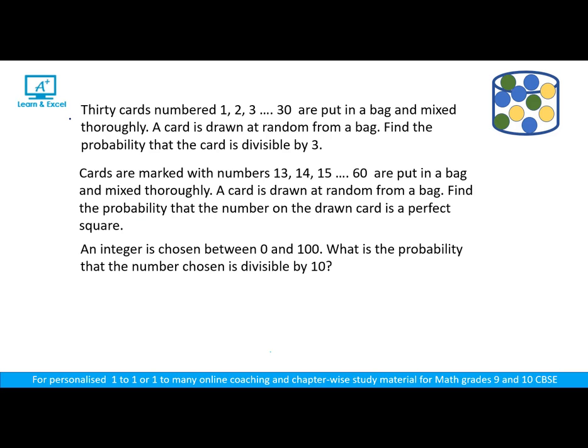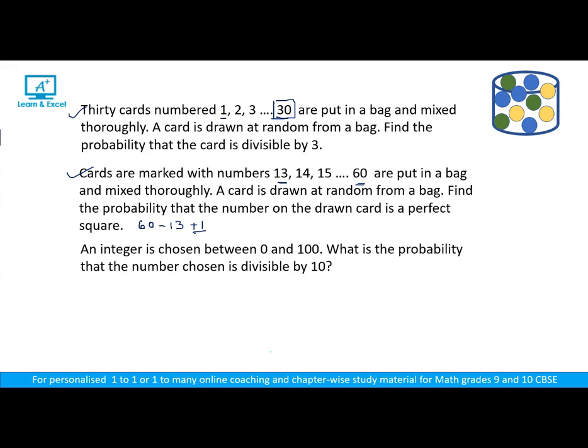Let us now discuss how to find the total number of outcomes from the three examples that we have done in the video. In the first example, we had 30 cards from 1 to 30, and because the cards started from 1, the total number of outcomes was 30. In the second type of problem, when the cards were numbered in between, like from 13 to 60, we wrote the last card number first, then subtracted the first card number, and added one because we are including both 13 and 60.